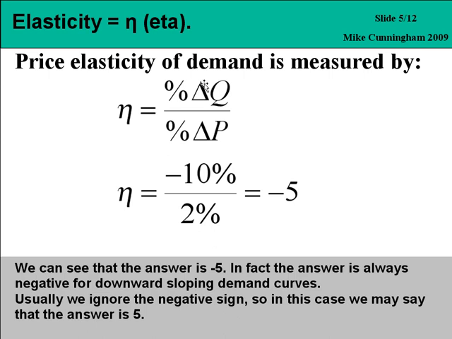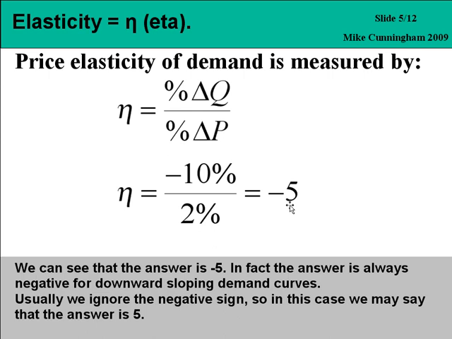So we've got minus 10% divided by 2%, which is just equal to minus 5. When we deal with elasticity of demand, we invariably get a minus sign because demand curves slope downwards.